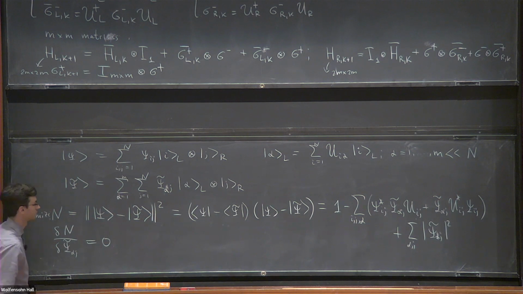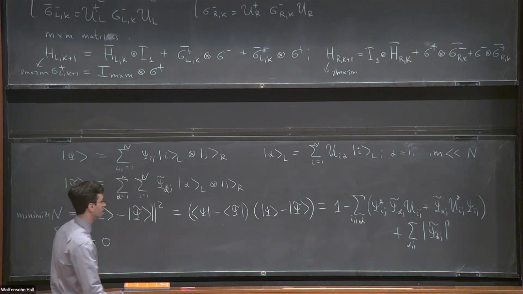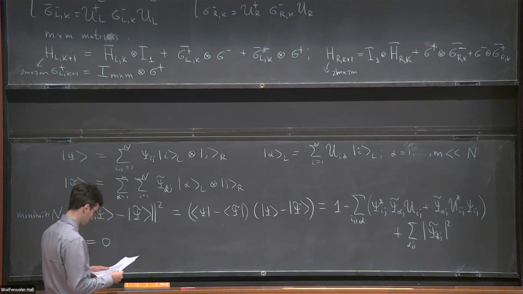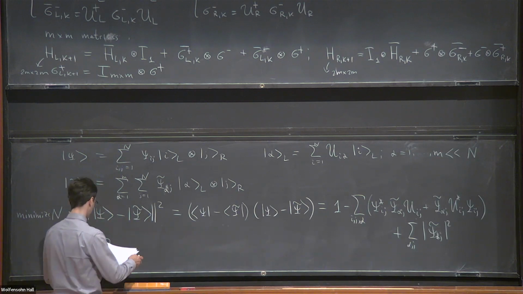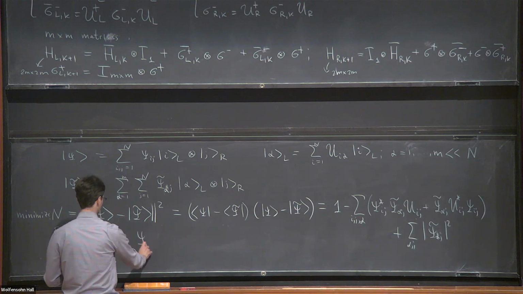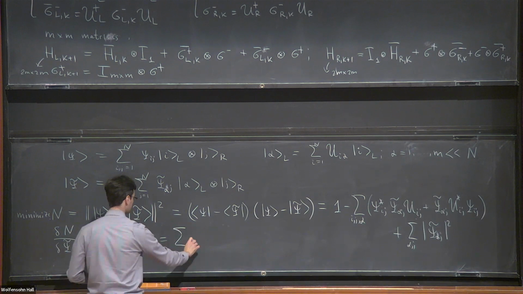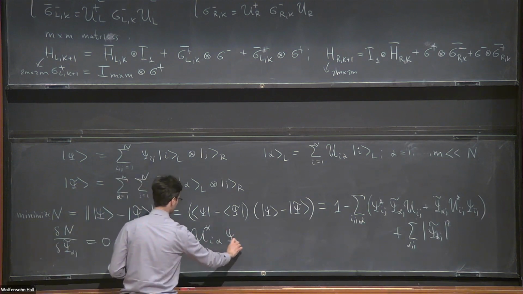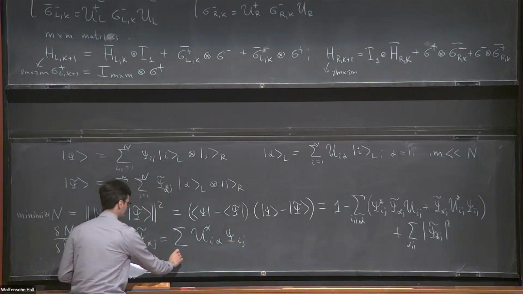So it gives us an equation for psi tilde alpha j equals dagger j.